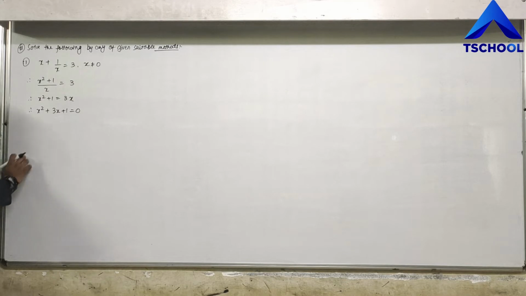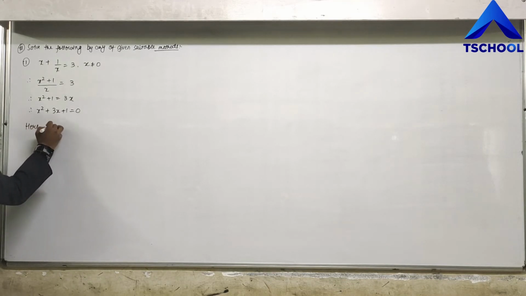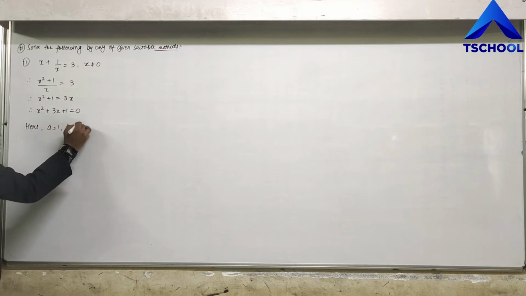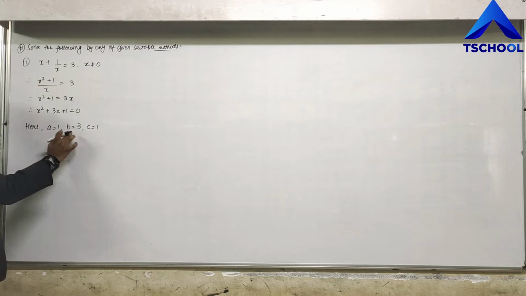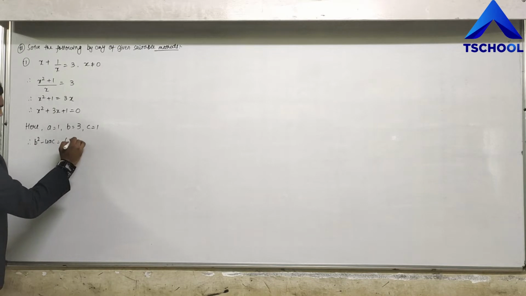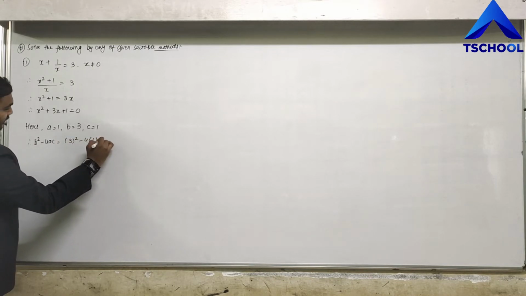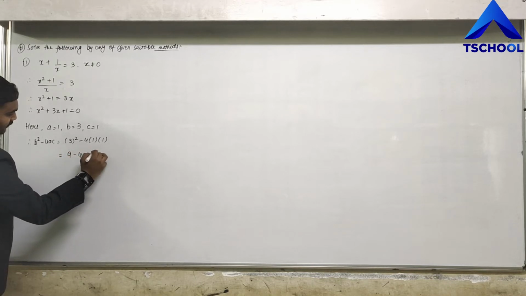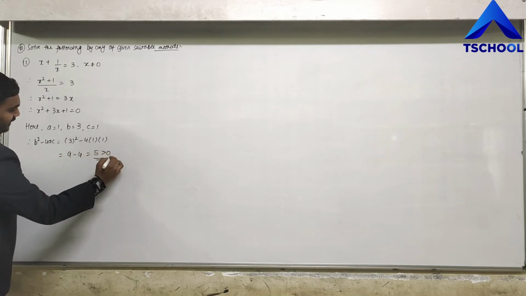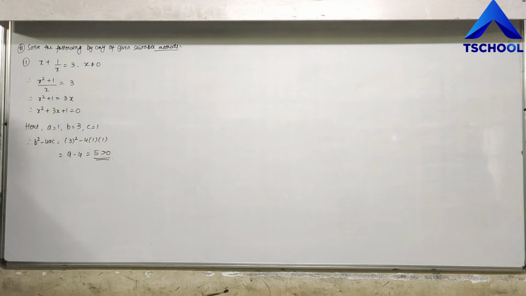So what we are going to use here is, a equals 1, b is equal to 3 and c is again 1, right? This is the quadratic formula. Therefore first of all we shall find b square minus 4ac, that is 3 square minus 4 into 1, that is 9 minus 4, which is 5, greater than 0. So we got the value of b square minus 4ac as 5.